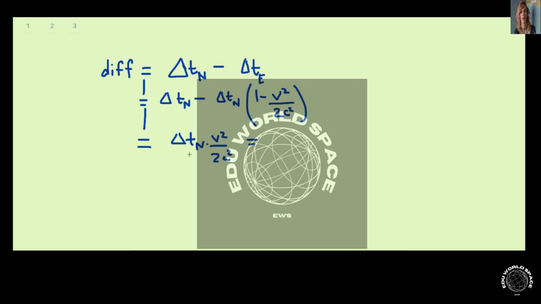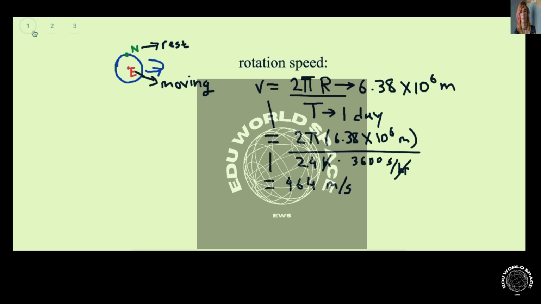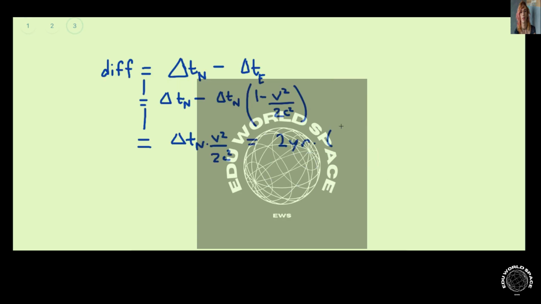And we're given that the time that has elapsed is 2 years. v, as we found here, is 464 meters per second. Square that thing over 2 times the speed of light squared, so that's 3 times 10 to the 8 meters per second, squared.